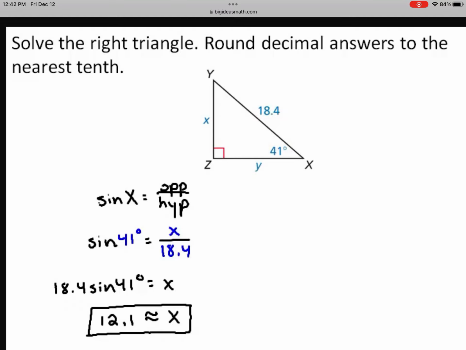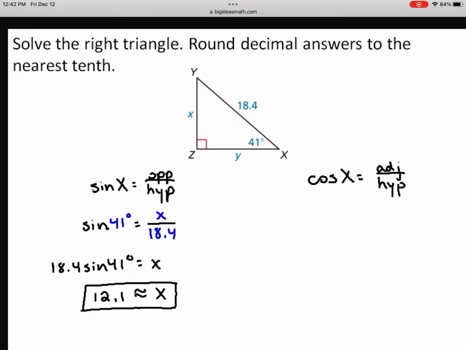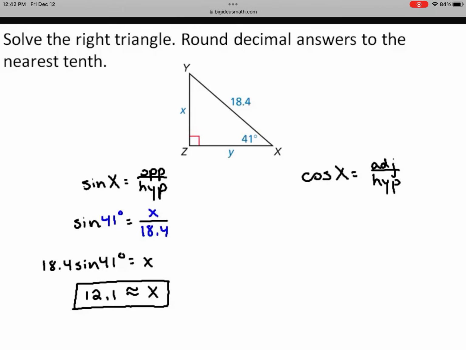Next, find y. So the cosine of x is equal to the adjacent side over the hypotenuse. So plugging in the given information from the diagram gives the cosine of 41 degrees equals y divided by 18 and 4/10. Then multiplying by 18 and 4/10 on each side gives 18 and 4/10 times the cosine of 41 degrees equals y.